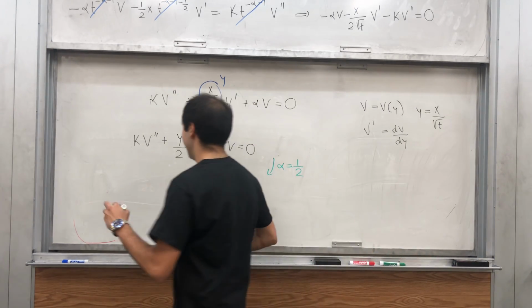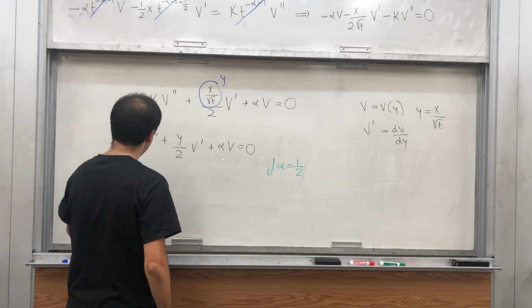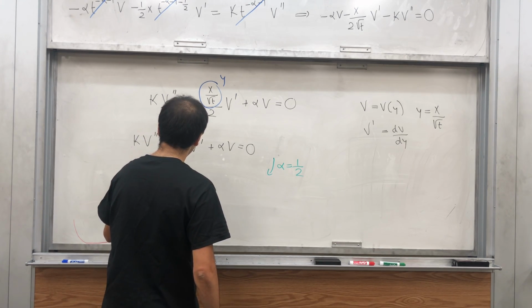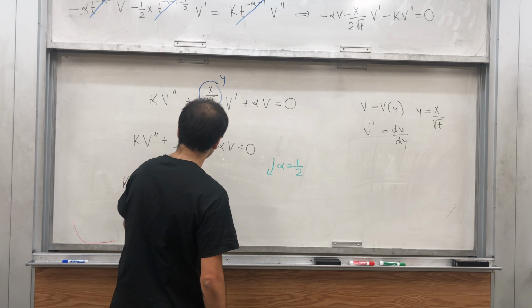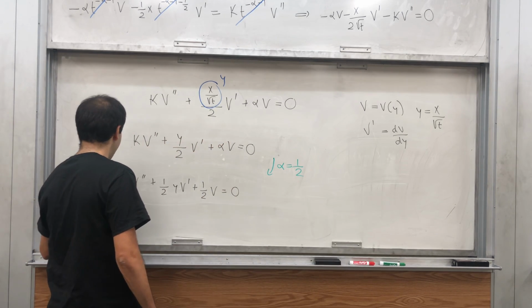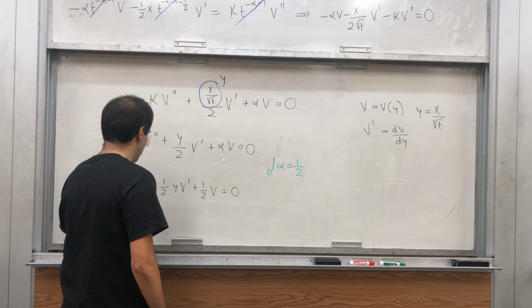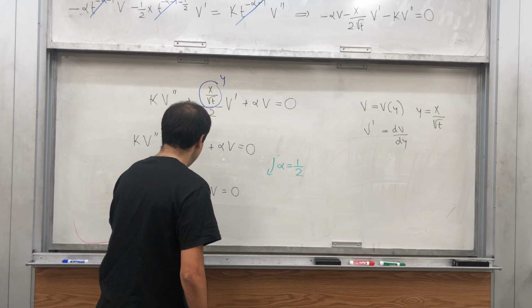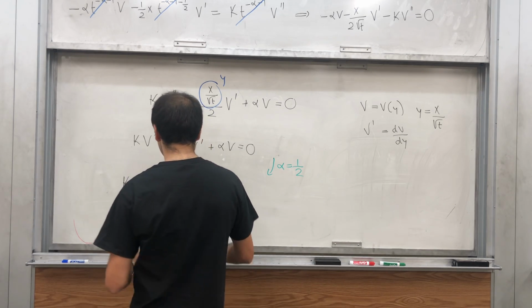So again, just appreciate this, and then we had k v double prime plus 1/2 y v prime plus 1/2 v equals 0.